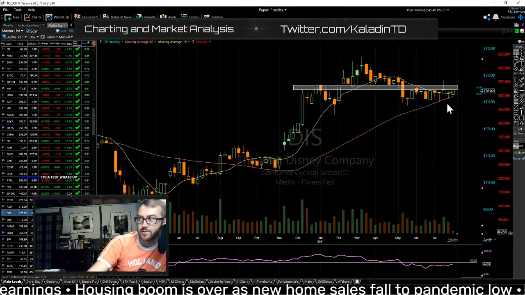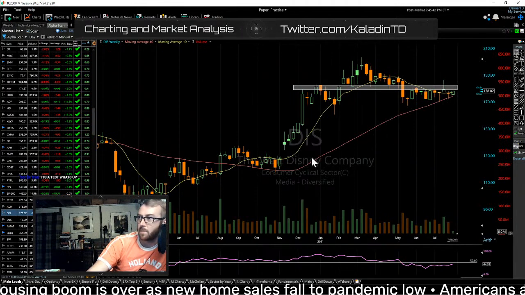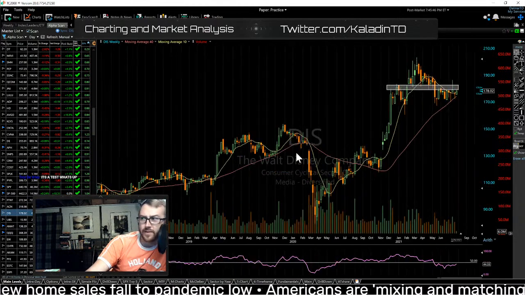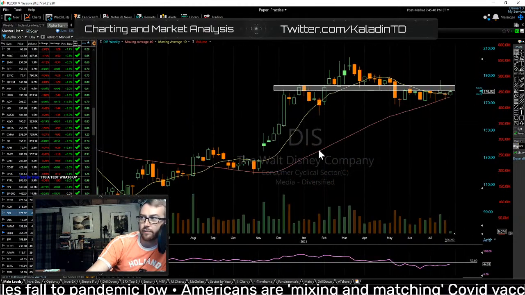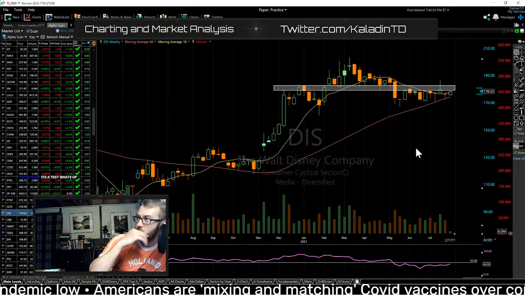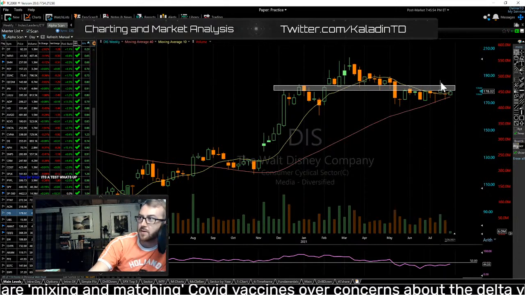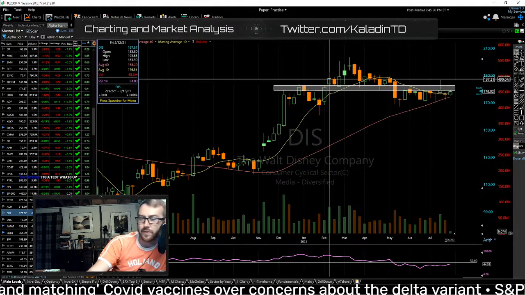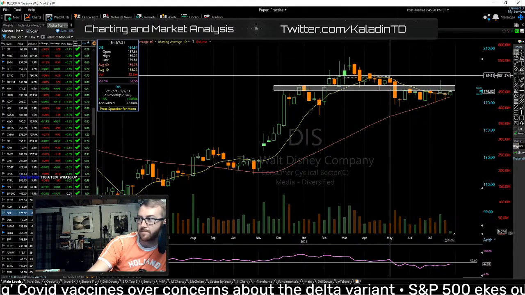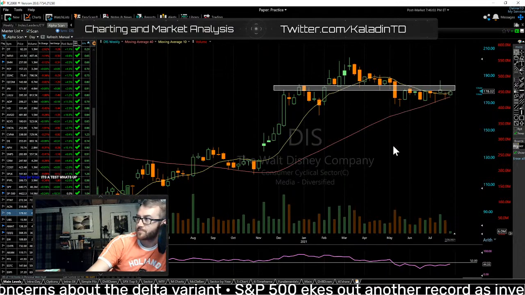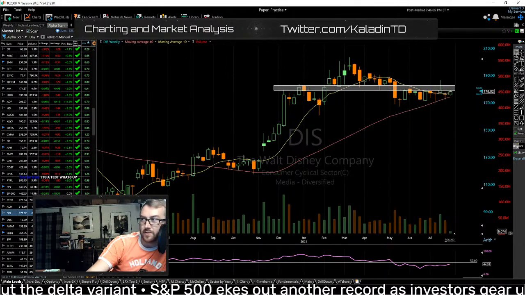Disney was looking pretty interesting. I was looking at this here too. This is the weekly chart right now. On the weekly chart, I just have the 10 and the 40 moving averages. You can see it wasn't quite ready to break out again into this previous area that it broke down out of here, but it's been tapping this 40-day.